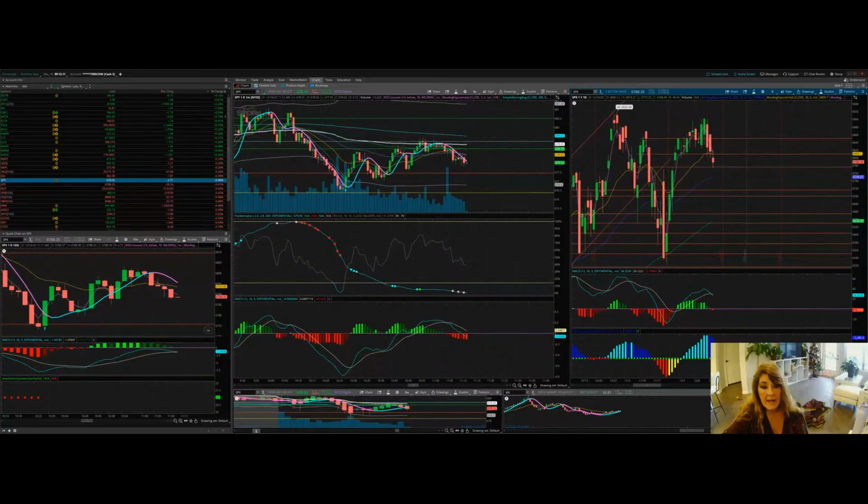Just about flat, coming back down again. Well, this is bouncy, bouncy, isn't it? This option is moving quickly. Up just a little bit.